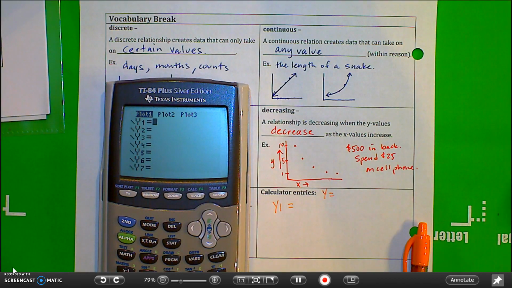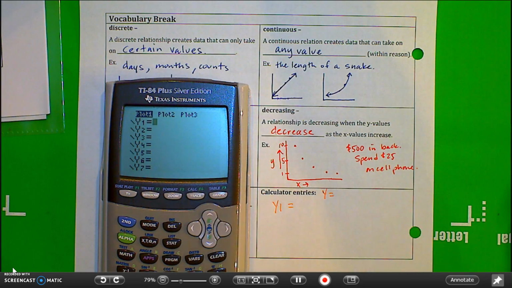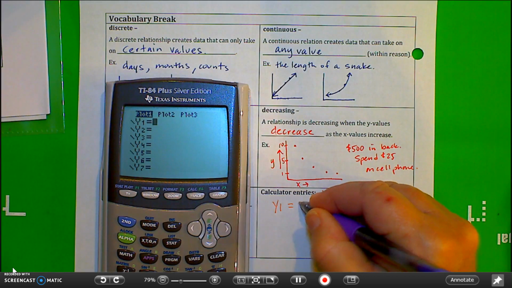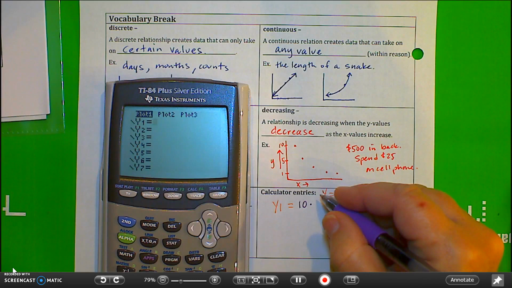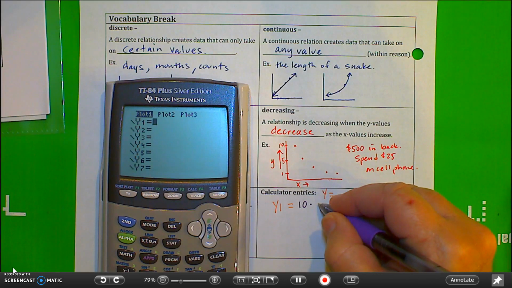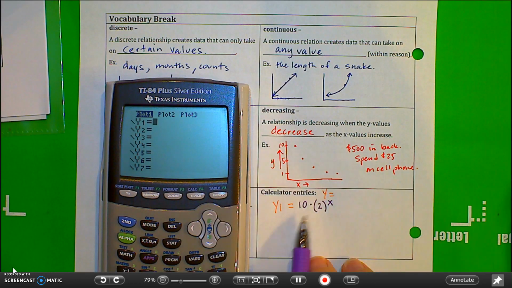If let's say we wanted to put in an exponential function, we could write, let's say the 0th term is 10, and the common ratio is 2. Basically, you would plug in this function into your calculator.